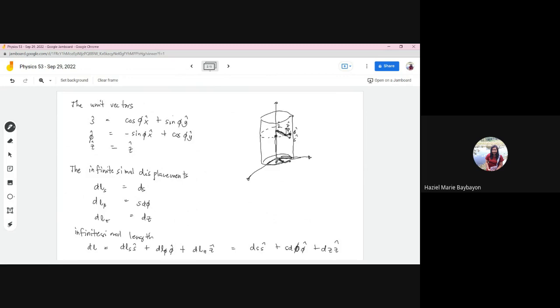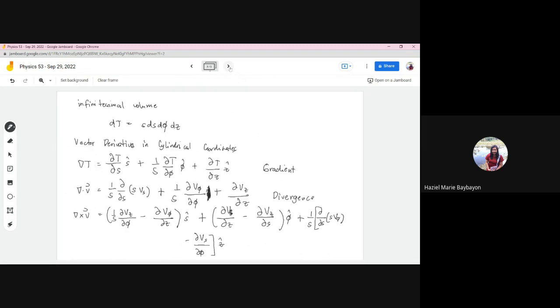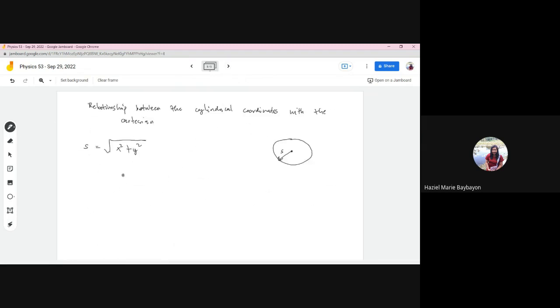If you make a right triangle out of this, s is the hypotenuse and the other sides are your x and y. Therefore, by the Pythagorean theorem, you can get s in terms of x and y. So s is equal to the square root of x squared plus y squared.